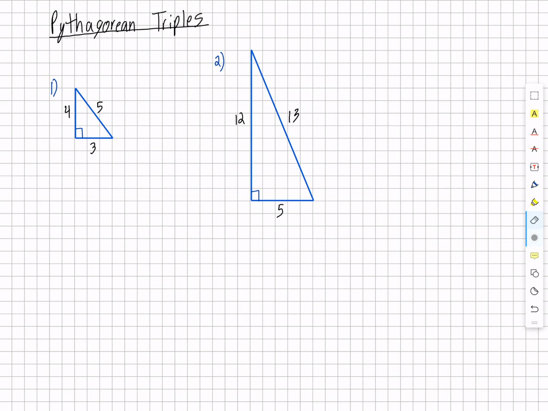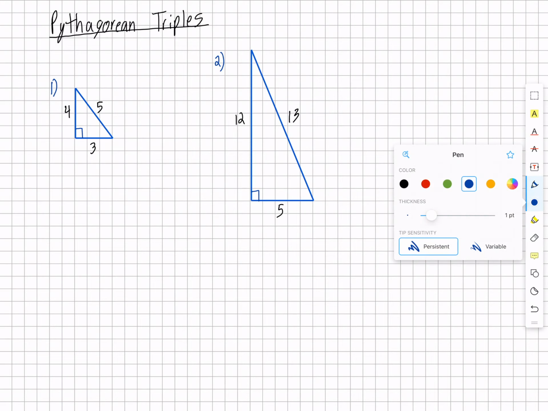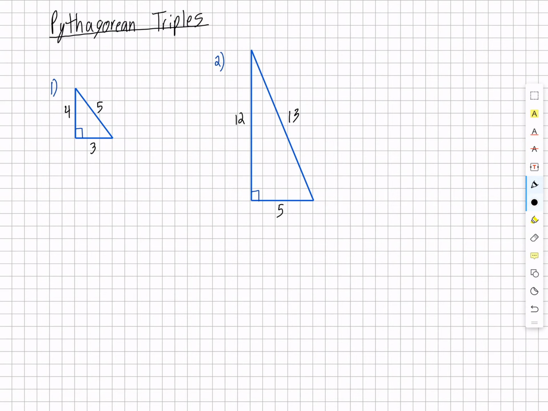The first one, we have the two legs are 3, 4, and then the hypotenuse is 5. So if we wanted to check this with the Pythagorean theorem, we would take 3 squared plus 4 squared and have that equal 5 squared. And so then 3 squared would be 9, plus 4 squared would be 16, and that's equal to 5 squared, which is 25.